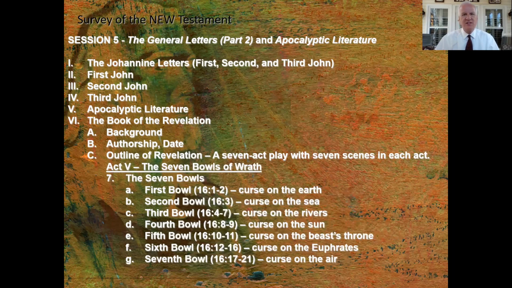The fifth act is the 7 bowls of wrath. And it describes curses on the earth and the sea and the rivers and the sun, even a curse on the air. This describes the unleashing of God's judgment.